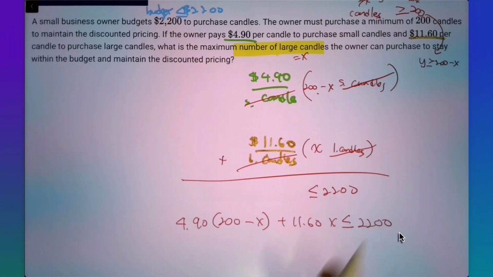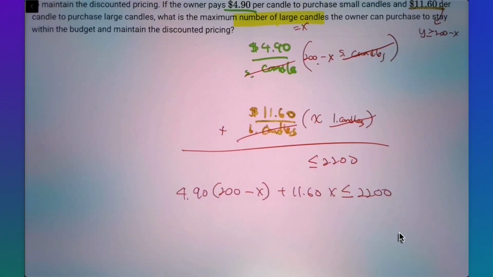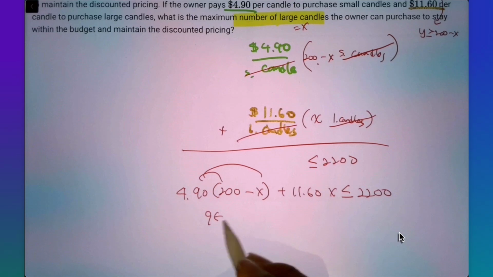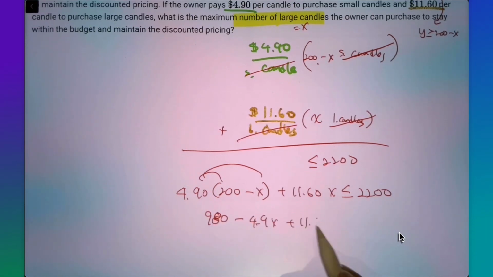You can drop all the units for calculation. Alright, so why don't we distribute these? 4.9 times 200 is giving us 980 minus 4.9X plus 11.6X less than or equal to 2200.